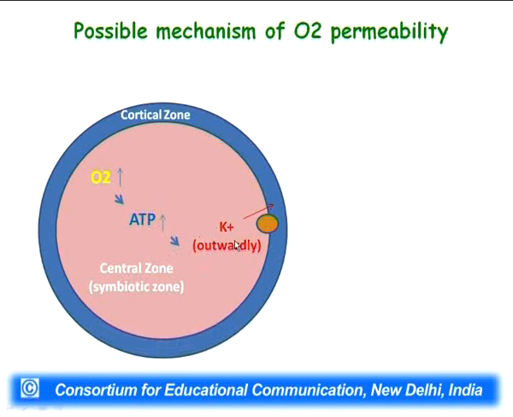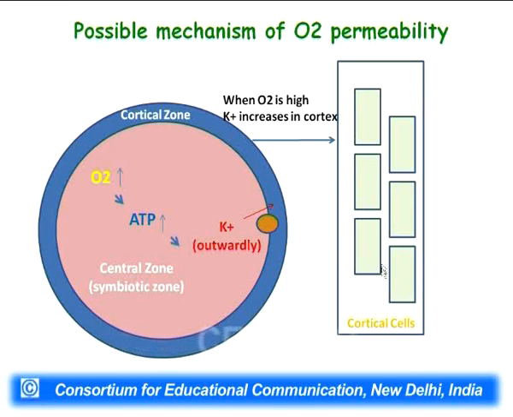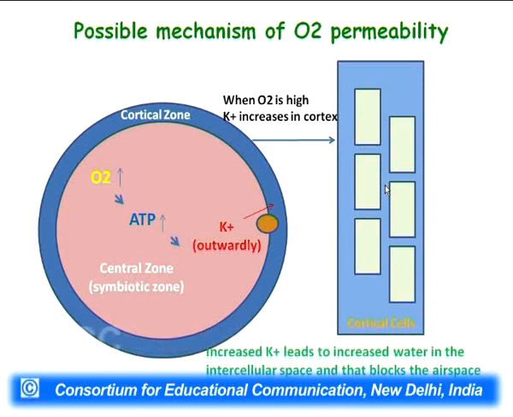So, when the potassium level goes high in the cells, what will happen? The potassium ion will increase in the cortical cells, and when that happens, it will lead to an increase of water in the intercellular space.